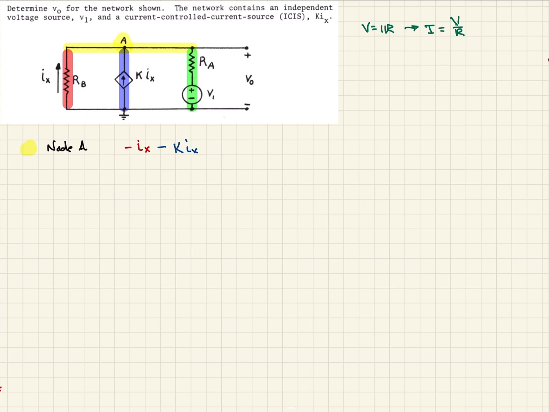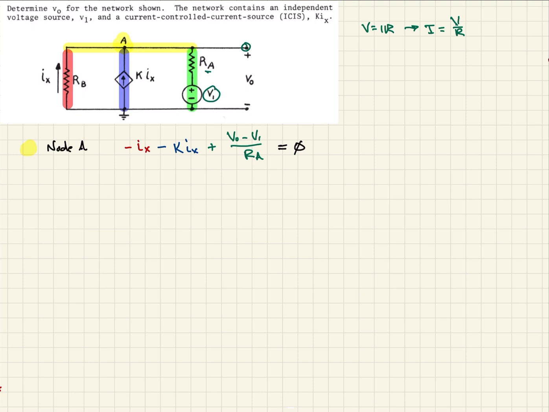Here, this one's leaving, so the potential difference will be V0, which is this node here, minus V1, which is here. So it's V0 minus V1, divided by this resistor RA. And that's all the current that should be entering or leaving the node. If we sum those up, we should get 0.